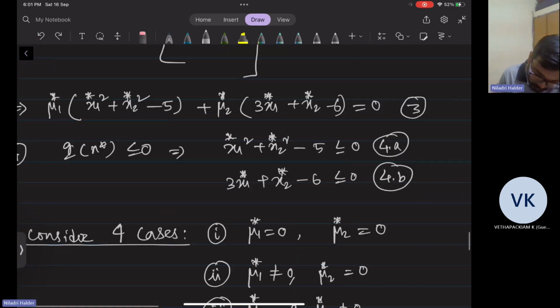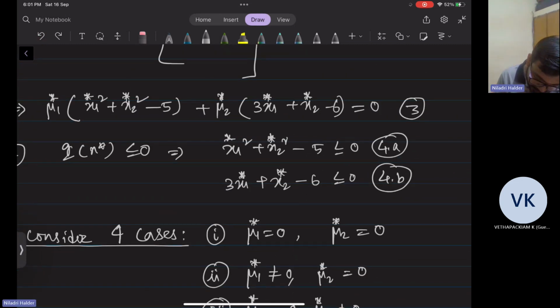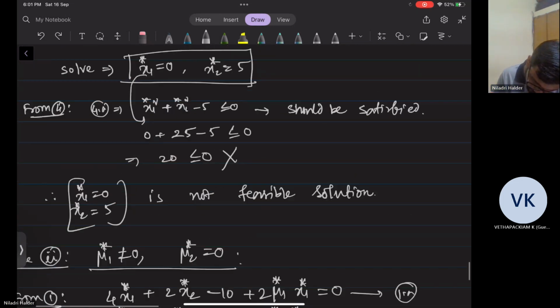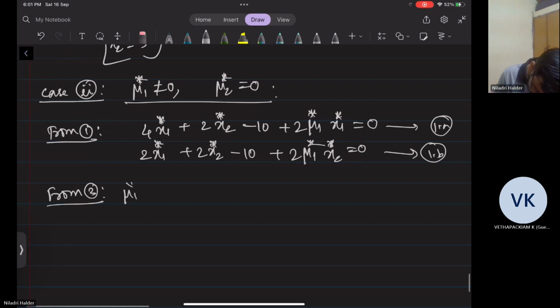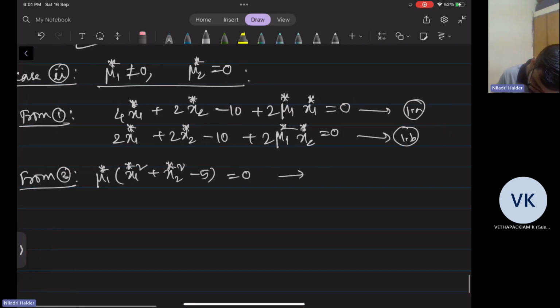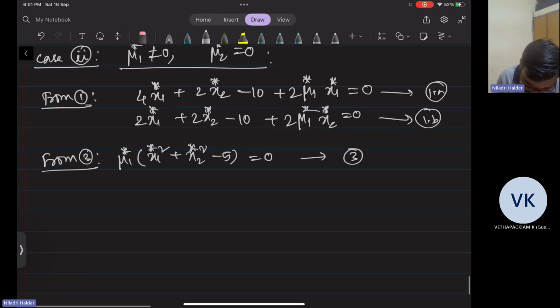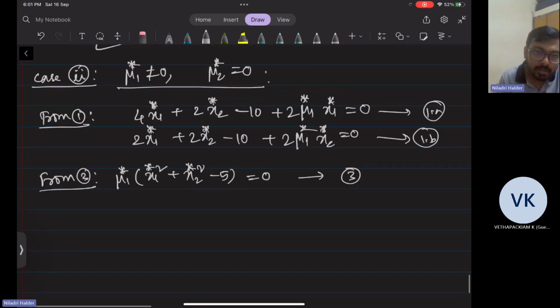Okay. So now mu2 is 0. Then you will get mu1 star into this equal to 0, so mu1 star into x1 is equal to 0. This is equation 3. Now mu1 is non-zero, correct?